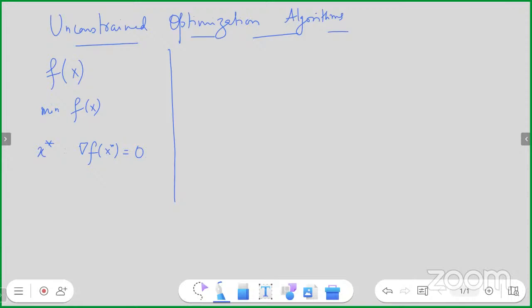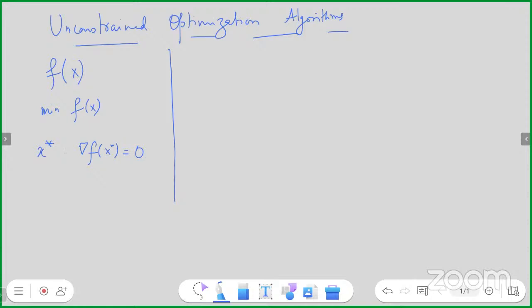You could use any of them. What's the first approximation that comes to mind when you're talking about functions?